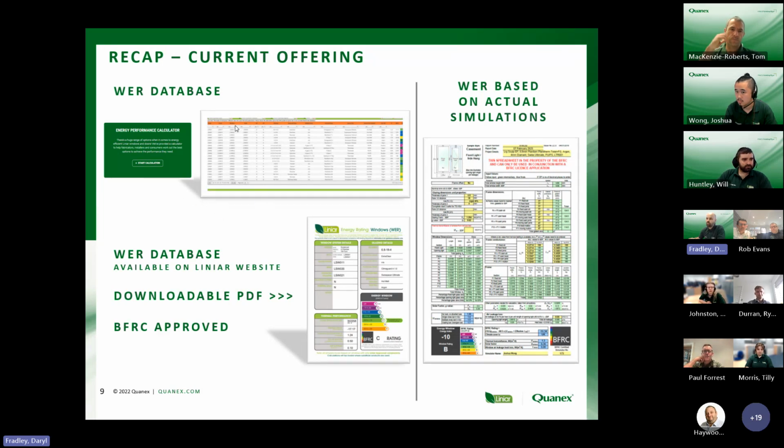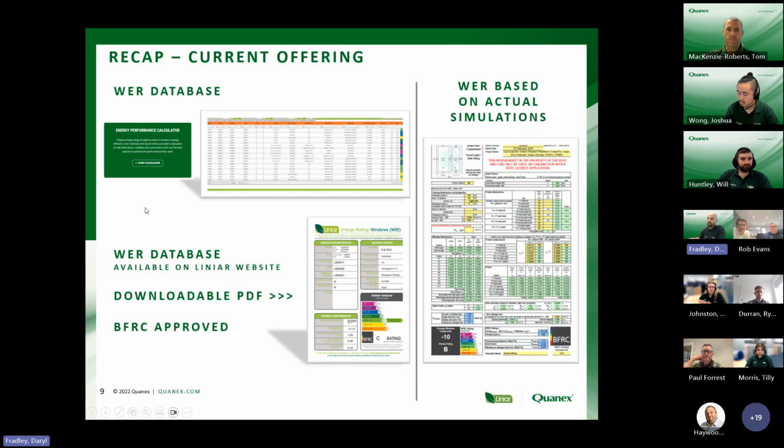Each one of them you can filter by product, by type, by glass, by spacer bar, whatever you want to do to build up your window. What you can do is you can select your version, you can download a PDF, and that is fully BFRC approved. And these currently in the system are all based on actual simulations that Josh has been doing.